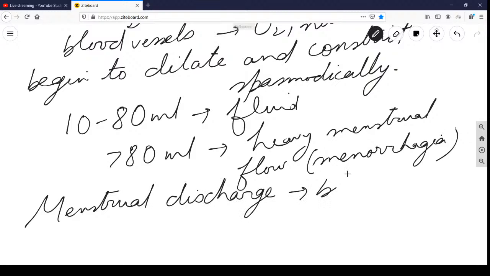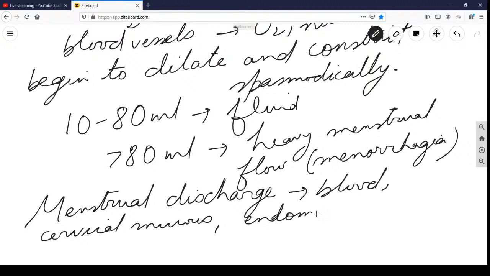The tissues, the stratum functionalis, and the vaginal secretions.